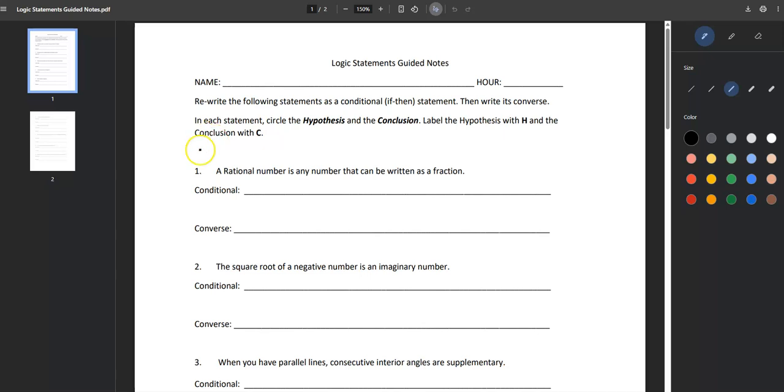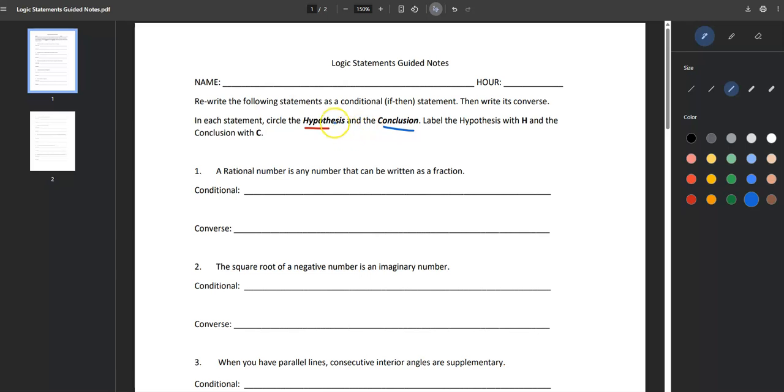So our big goal for day 1 is to rewrite these statements as conditional statements or if-then statements, and then write the converse as well as we do that. Okay. So here's how we're gonna look at this. We are gonna identify a hypothesis, and then we're gonna identify a conclusion for each statement.